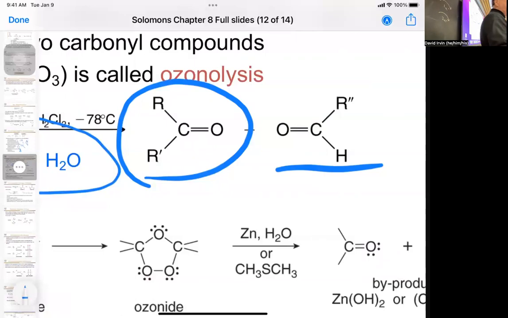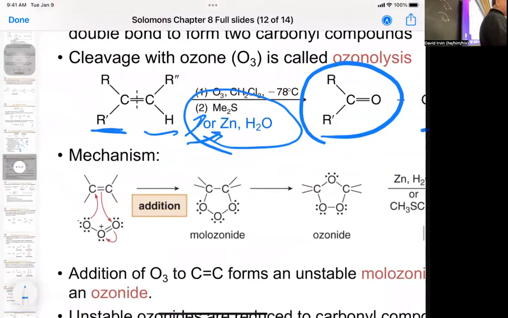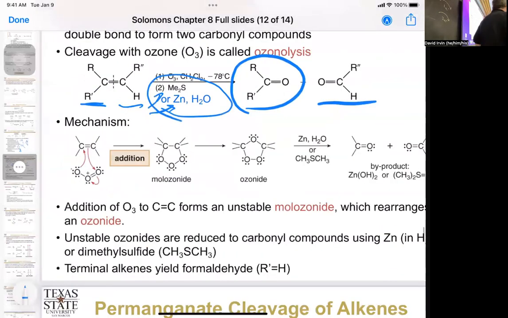So how does it work? Well, it's cool because ozone is what we call a dipolar molecule. It's got a positive and a negative charge. If you did the formal charge on there, this oxygen's 0, this is +1, and this is -1.